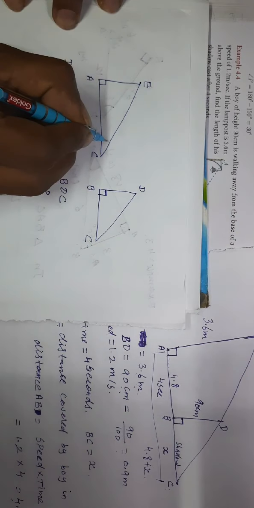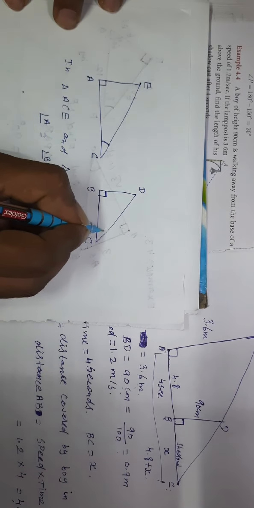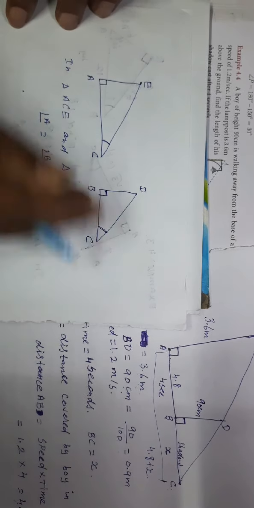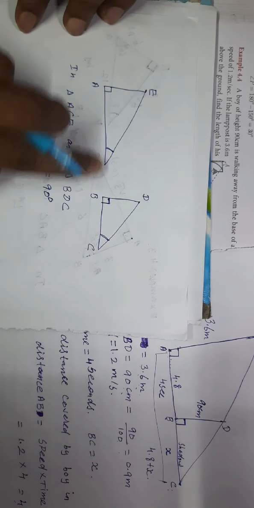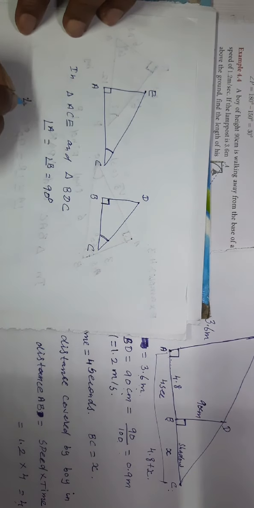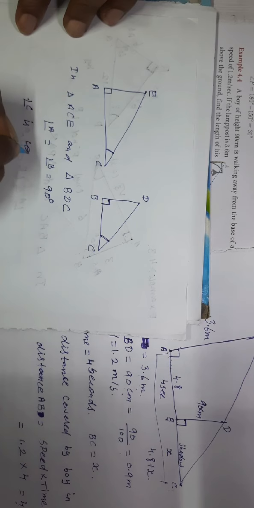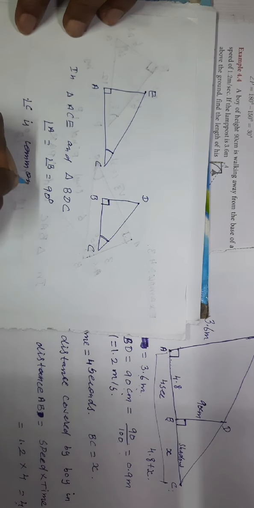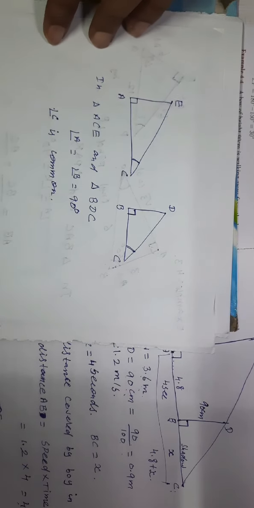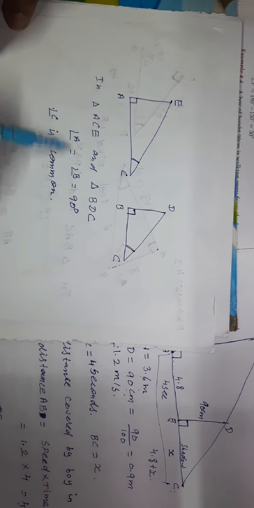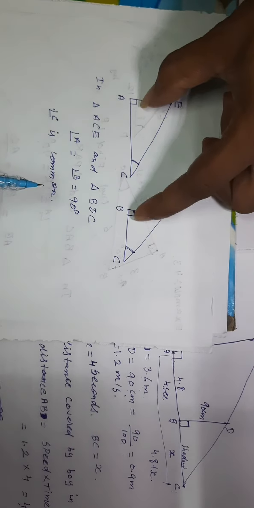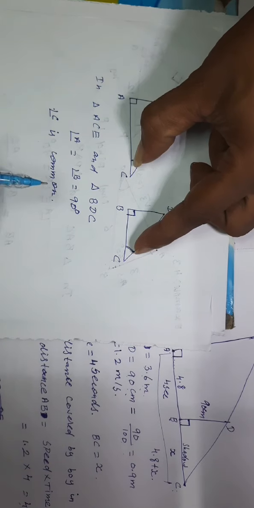And next, they gave angle C, and here also angle C. In the two triangles angle C is common. So here two angles are equal: A equals B and C equals C, right?